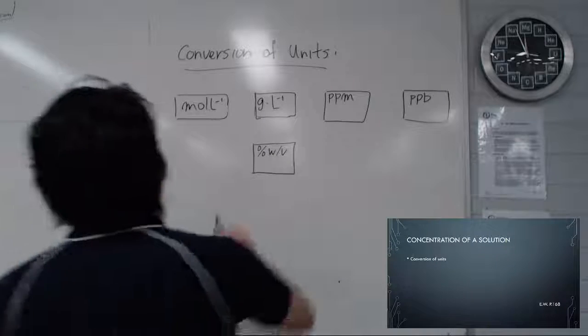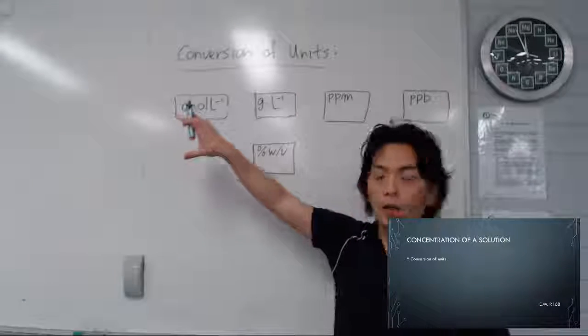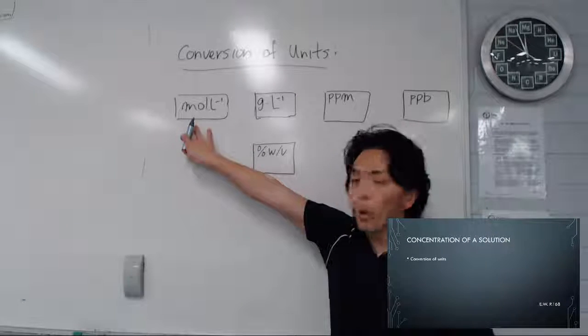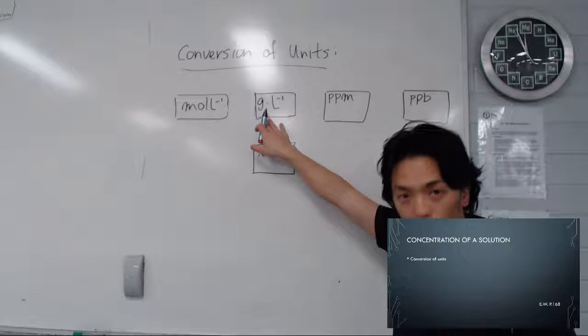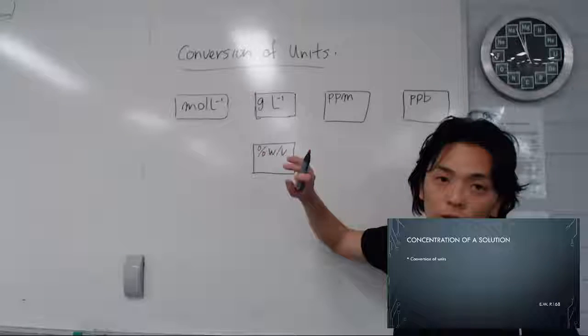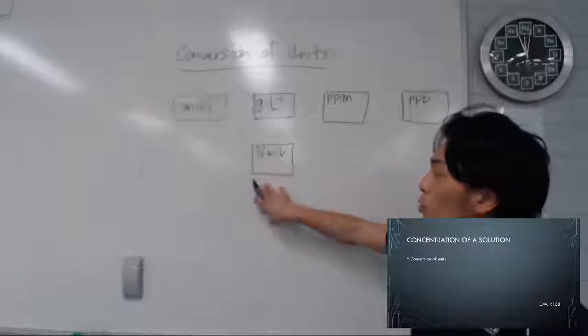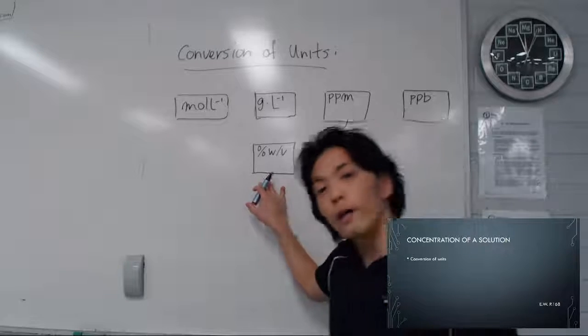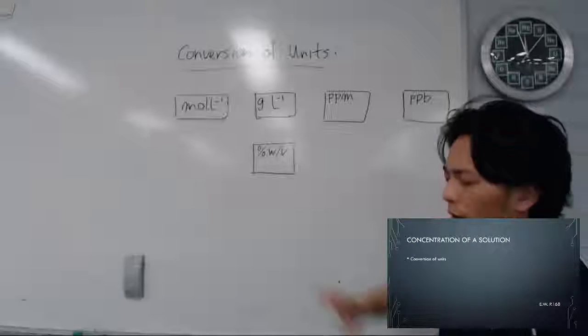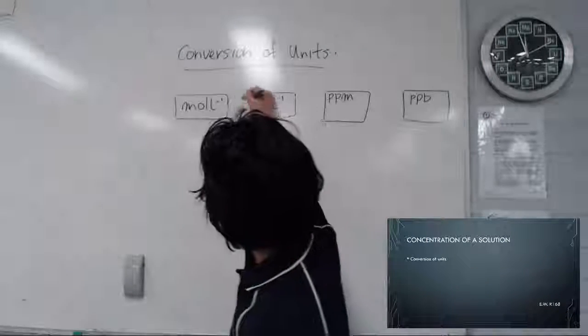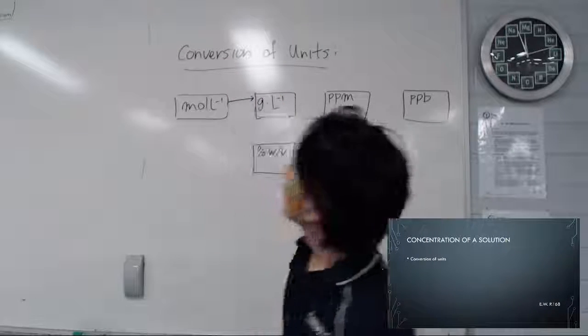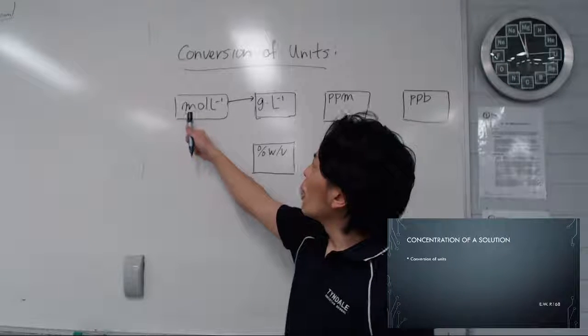In this conversion of units, I would like you to be able to convert moles per liter, so molar concentration, to grams per liter, which is mass concentration, parts per million, parts per billion, as well as to percent weight per volume.